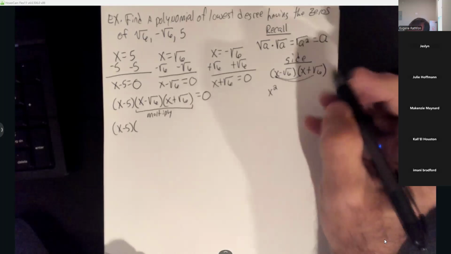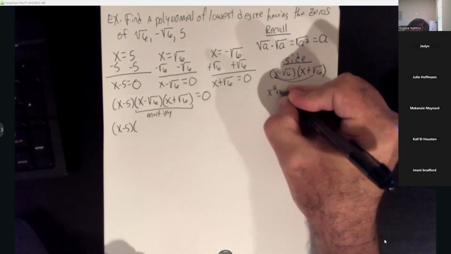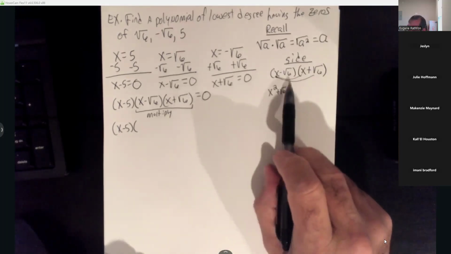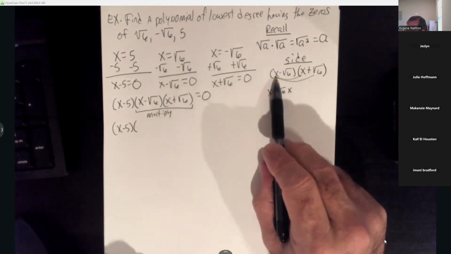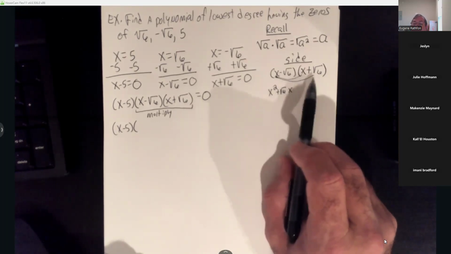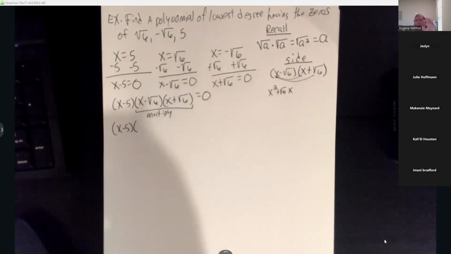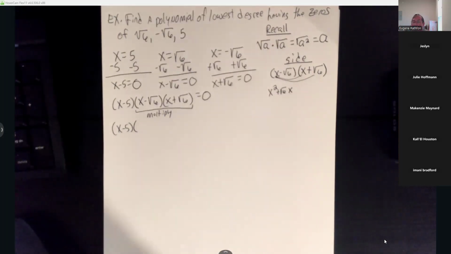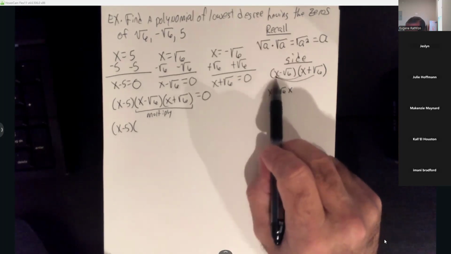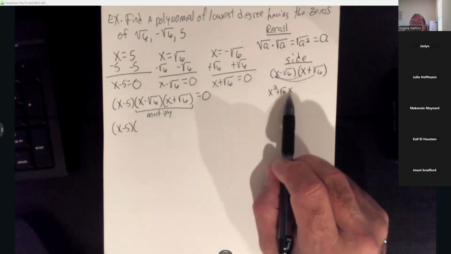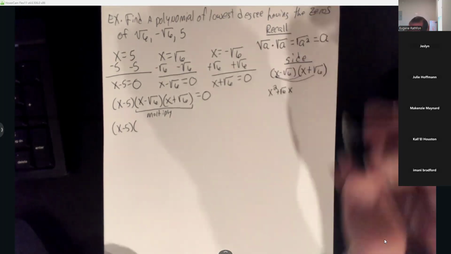X times square root of 6 is a positive square root of 6x. So look here. When you're doing radicals, you can only multiply inside the radical times inside the radical, okay? So since this x is not under a radical, you can't put it under the radical. You got to keep it outside.